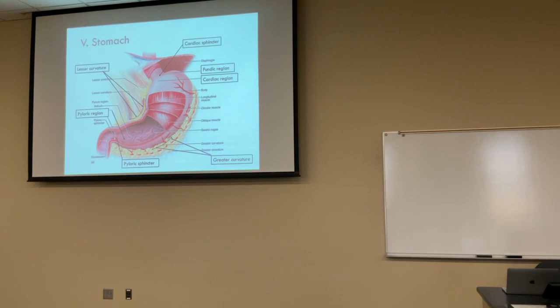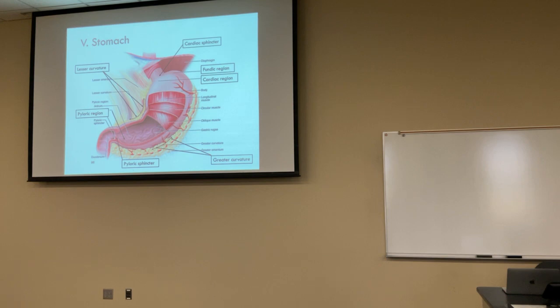The cardiac sphincter relaxes during swallowing to allow food to enter the stomach. Once the food has entered the stomach, that cardiac sphincter contracts and closes off the opening between the stomach and the esophagus. That's important because if acid from the stomach were to get up into the esophagus, it could digest away the walls of the esophagus and cause problems.